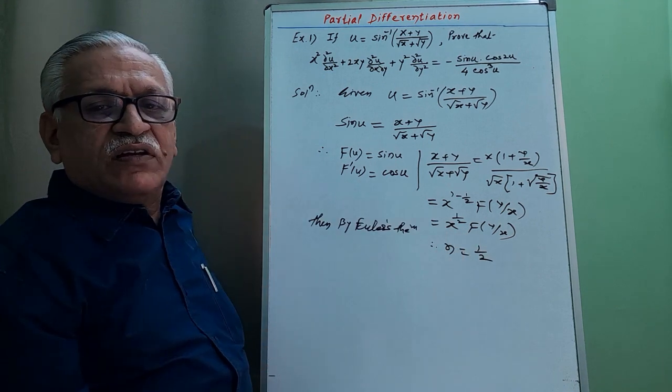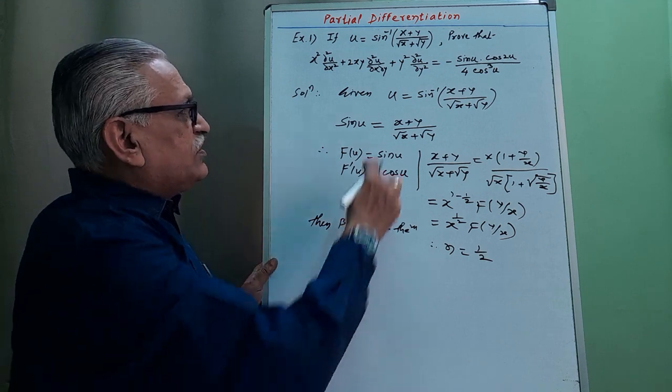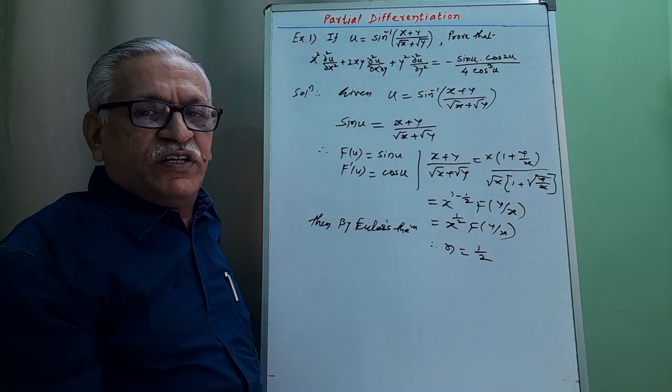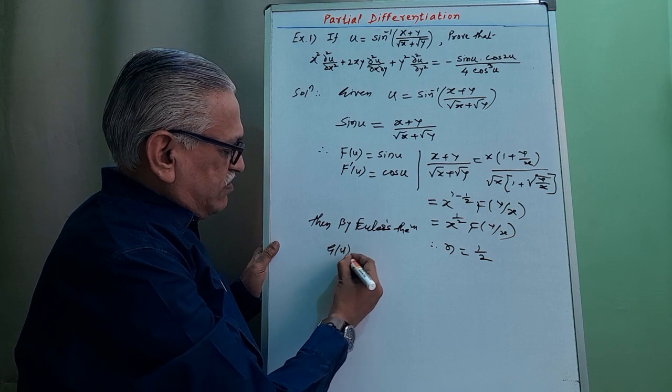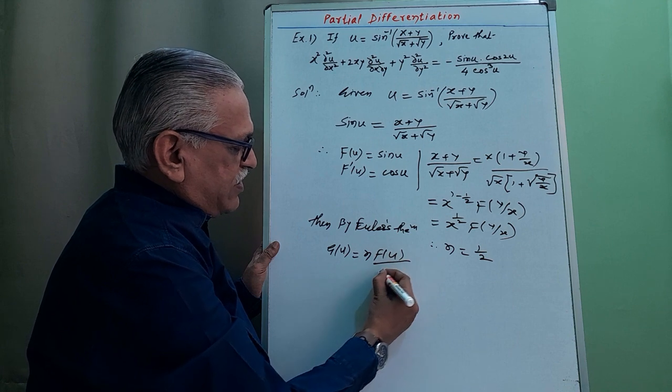Then, by applying Euler's theorem, as it is case 2, the value is equal to g of u into (g dash of u minus 1), where g of u is n f of u by f dash of u.